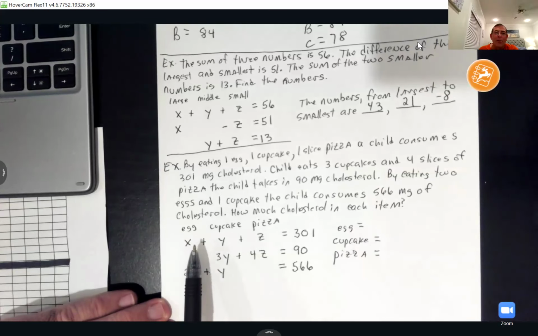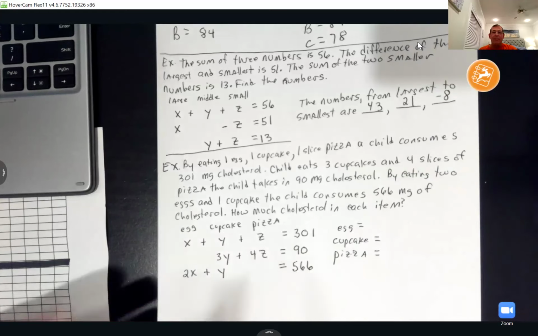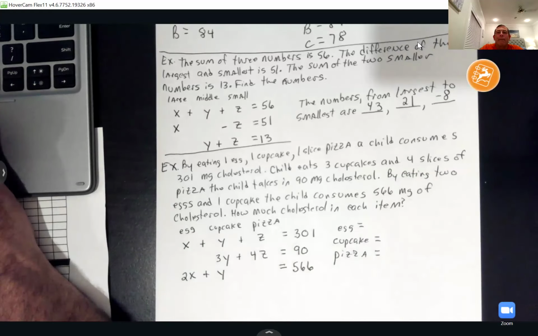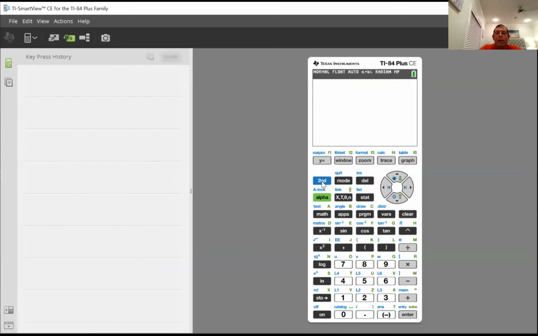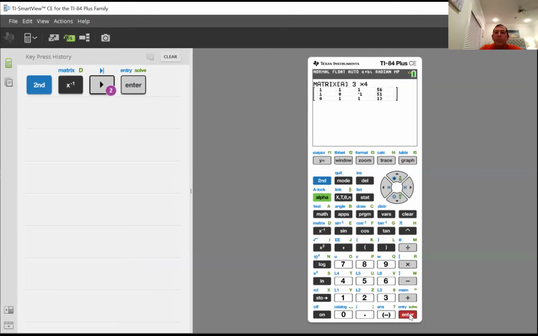All right, y'all. So in the calculator, 111, 301, 034, 90, 210, 566. All right, come on, clear everything out. All right, go get my matrix. Go to edit and enter. So I still got a 3x4. All right, this is one enter, one enter, one enter, and 301.